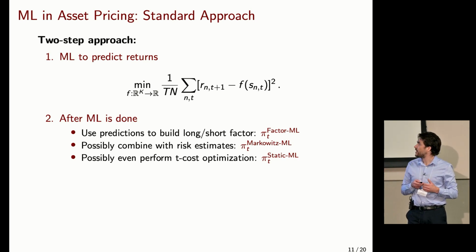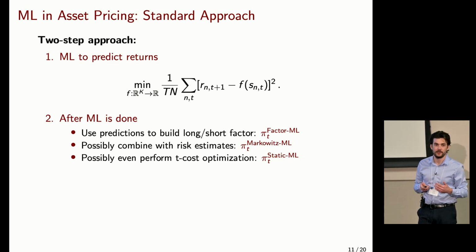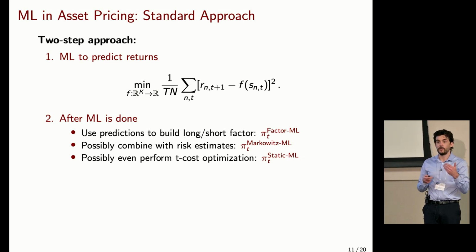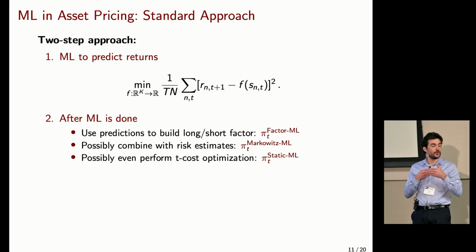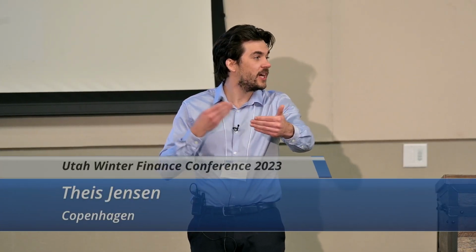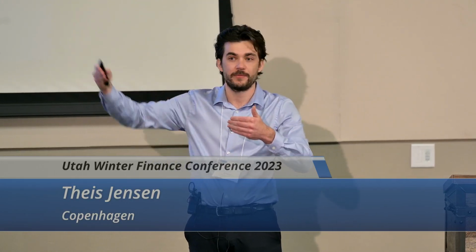And then finally, we're also going to do a static portfolio optimization, or trading cost optimization, which we'll call the static ML. And here, with the static ML, you're not thinking about the dynamics of this problem, but rather you're maximizing your utility over the next period, which our solution shows is not the optimal thing to do. You should think about not only utility over the next period, but also how it's going to affect your investment opportunity set in all future periods.